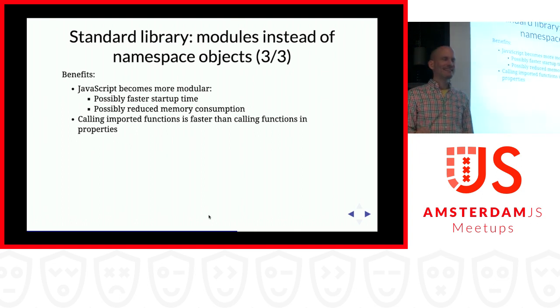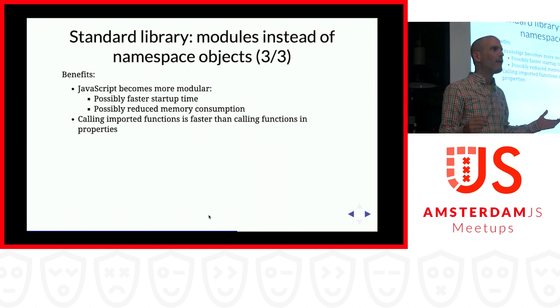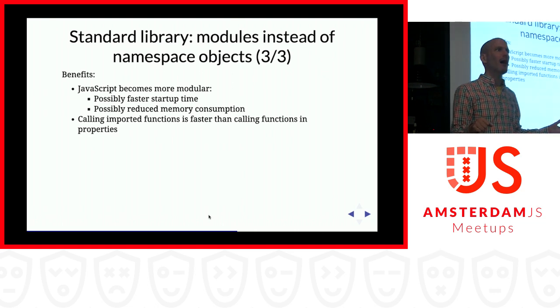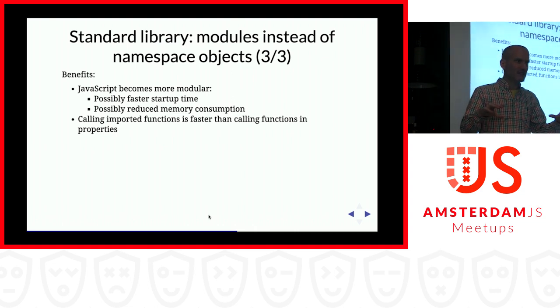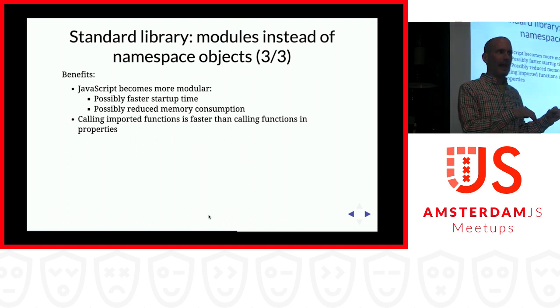But the point is, who of you has heard of the internationalization API? Okay, fewer people now, I think about 40, 50%. This is also an ECMA standard, and it helps with anything internationalization related: number and currency formatting, comparing strings in a language-sensitive manner, sorting, and so on.